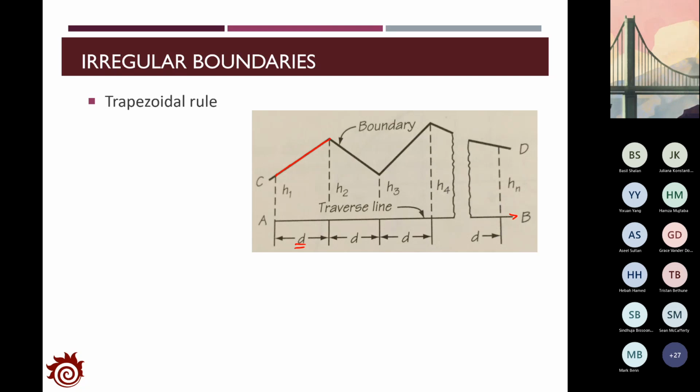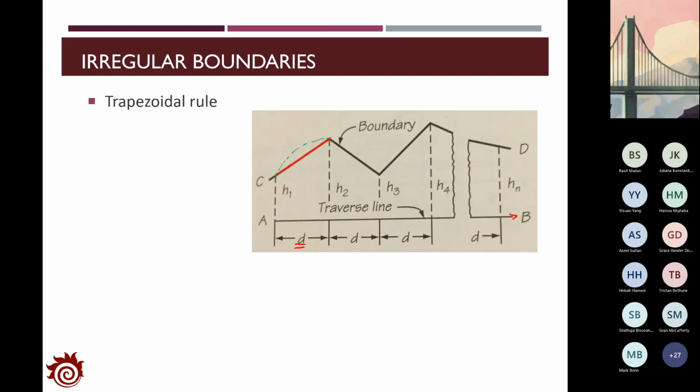Originally it could be a curve, but for the first method, the trapezoidal rule, we assume it is a straight line.